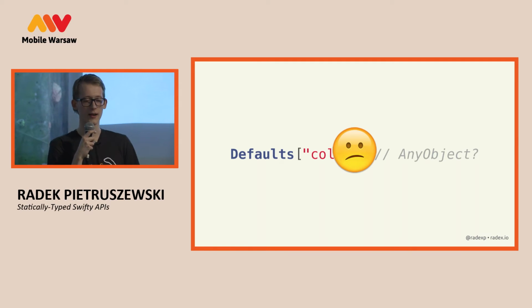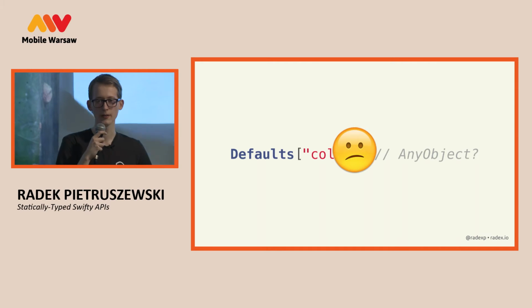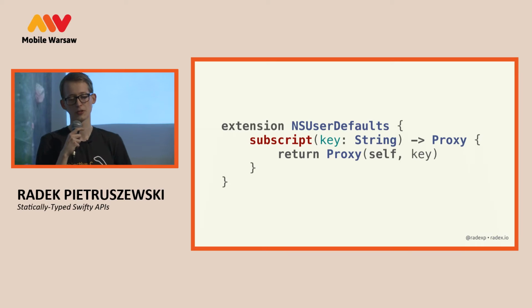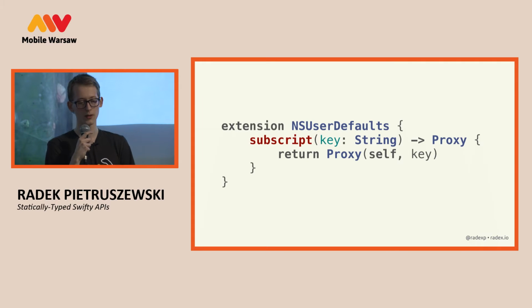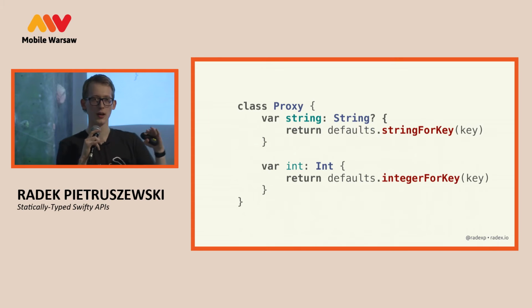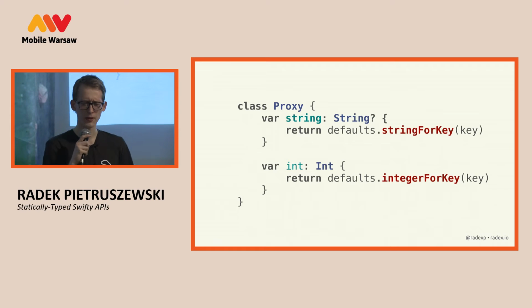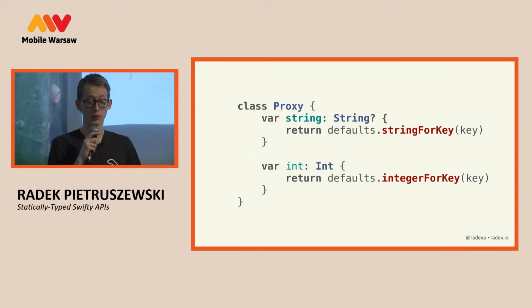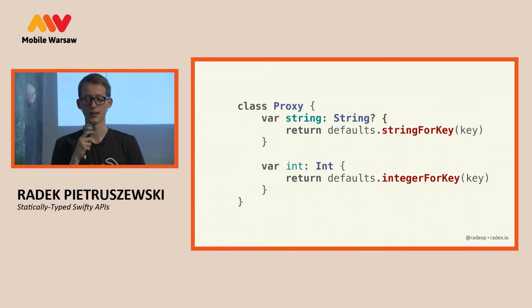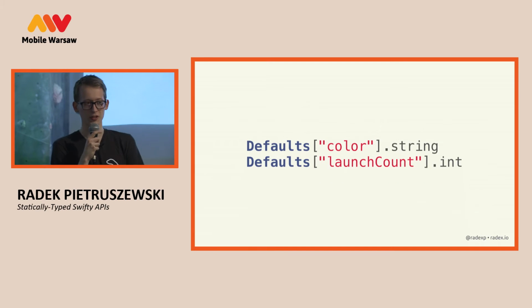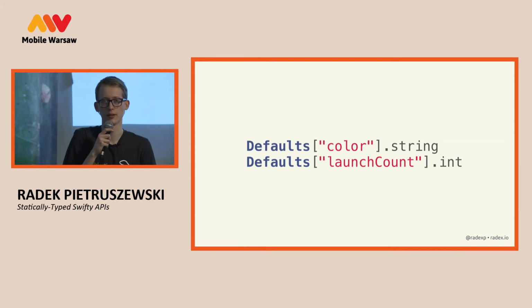And I had an idea, maybe not such a clever idea, but I wanted to try it. That I would just have a subscript that returns a proxy object, right? It would be an object that only represents the actual key in the user defaults. And you have a bunch of properties as accessors, like string, int, and then you could do this, which is essentially equivalent to doing as?